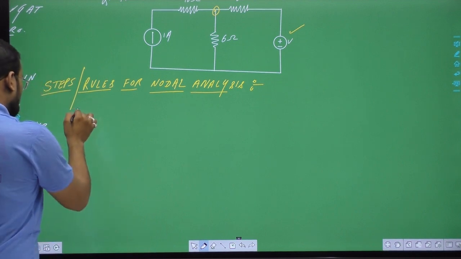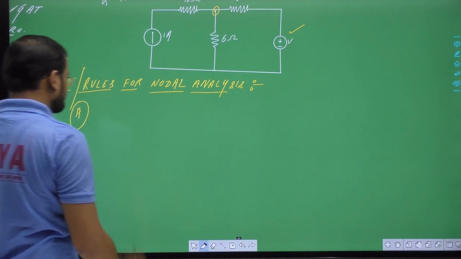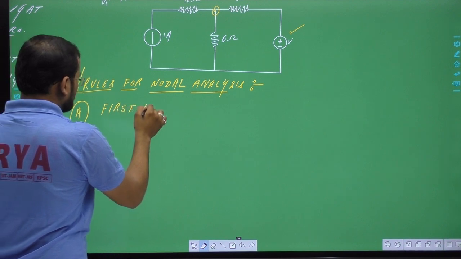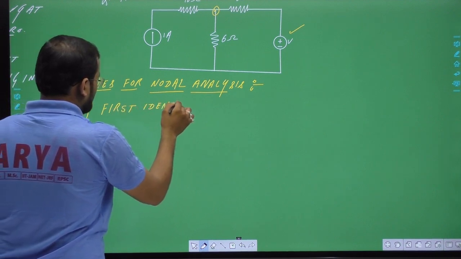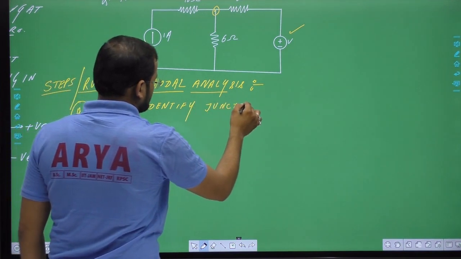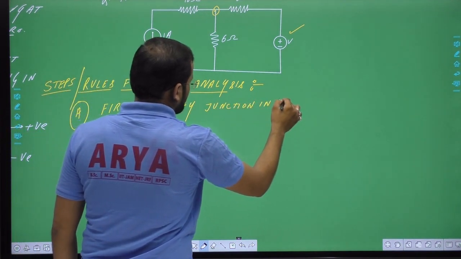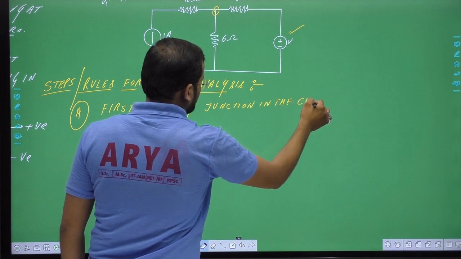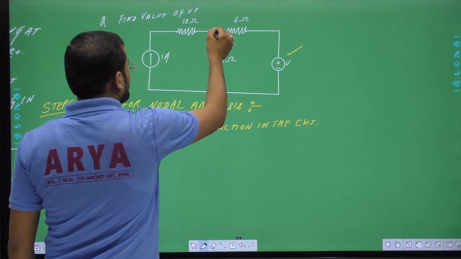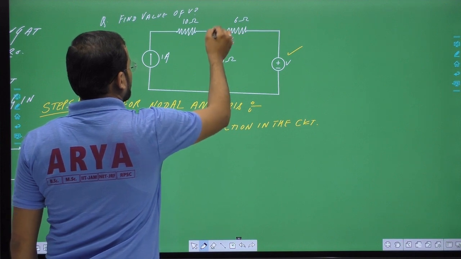What are the rules? Rule first is, first identify the junction in the circuit. Where is the junction? Our junction is this point.